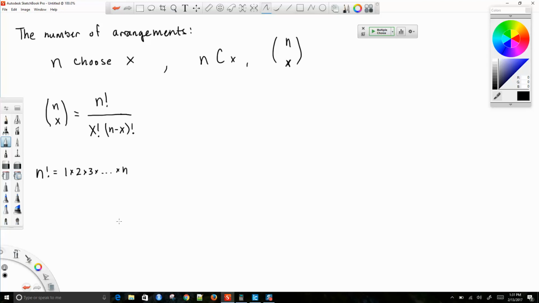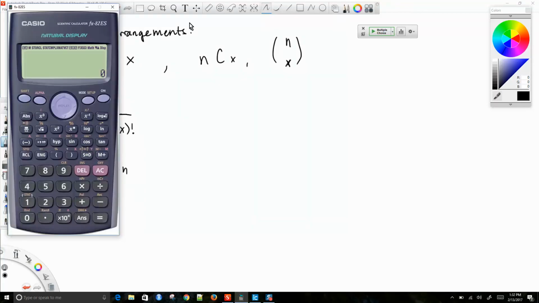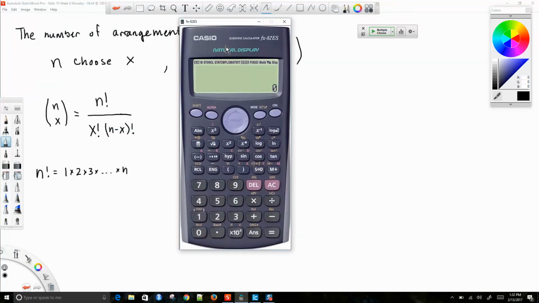If you don't have a scientific calculator, you would have to use this. This is why I highly recommend that you get yourself a scientific calculator, because there's a good chance somewhere on your calculator you'll have a little button that says nCr. If you have a Casio, it's generally above your division key.